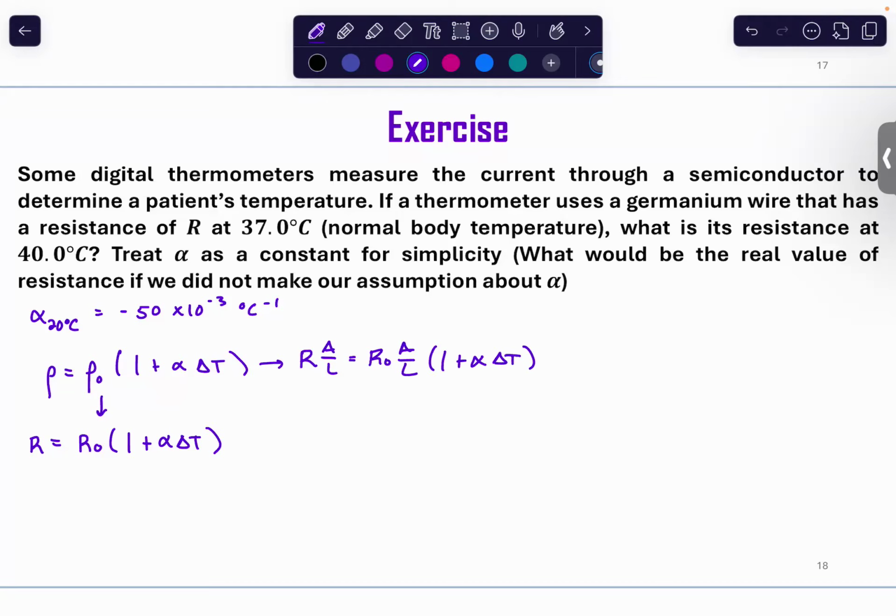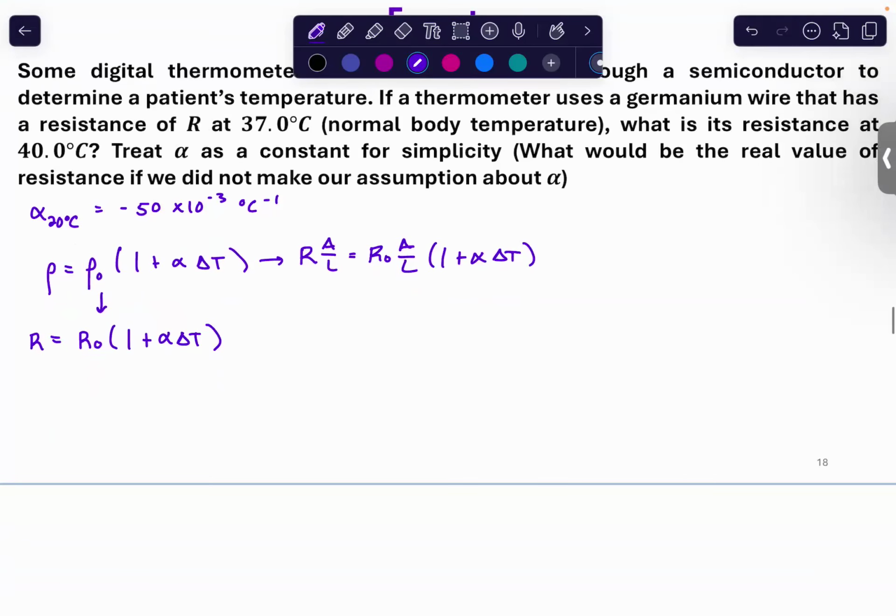So the textbook has the one for resistivity, but we can just go ahead and put in resistance. Rho is your resistivity. So then the way we're going to solve this is, what is our resistance?